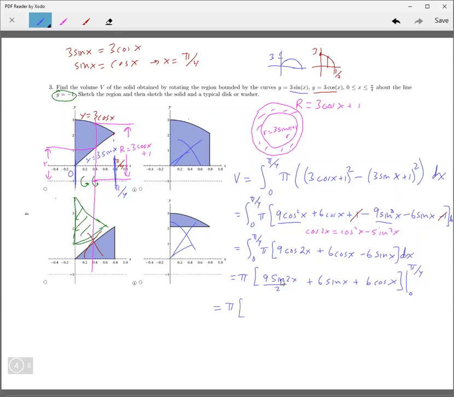If we put pi over 4 in here, we get sine of 2 times pi over 4, that's sine of pi over 2, that's 1, so that's 9 halves. And then 6 sine of pi over 4. Actually, I should not be confusing here.